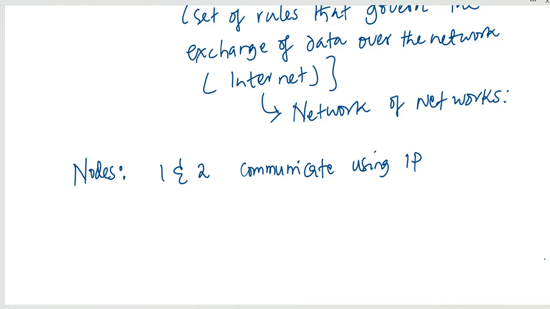That's why he's talking about nodes, where you have one computer and another computer at the other node exchanging information that is passing through or being obtained from the internet.